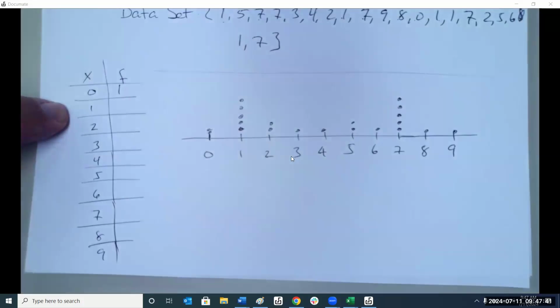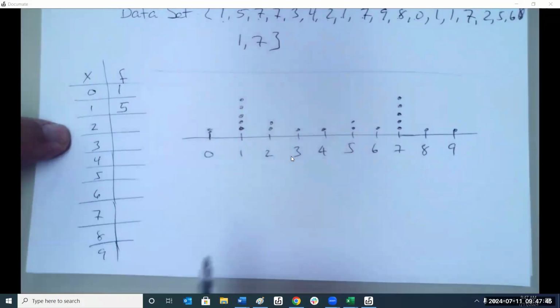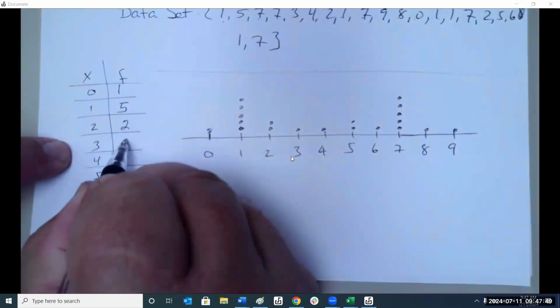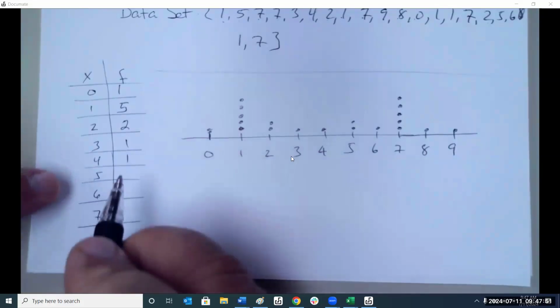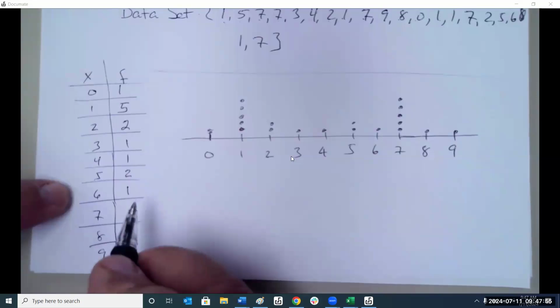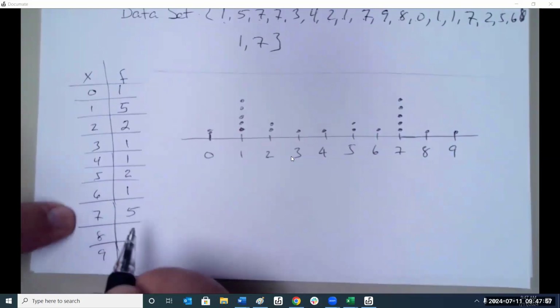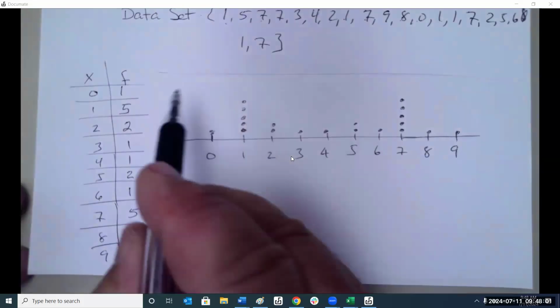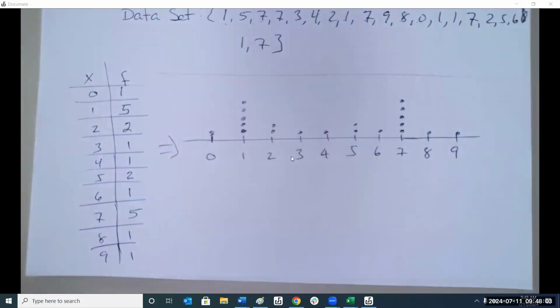How many ones? 5. How many twos? And there's 1, 1, 2 5s, 1 6. How many 7s? 5, 1, and 1. So yeah, we take our frequency chart, we can now move it over to a dot plot.